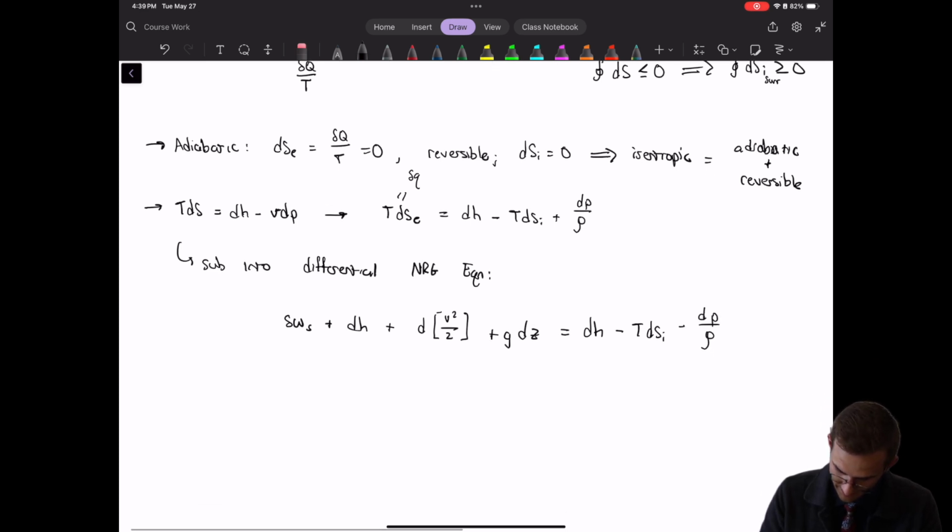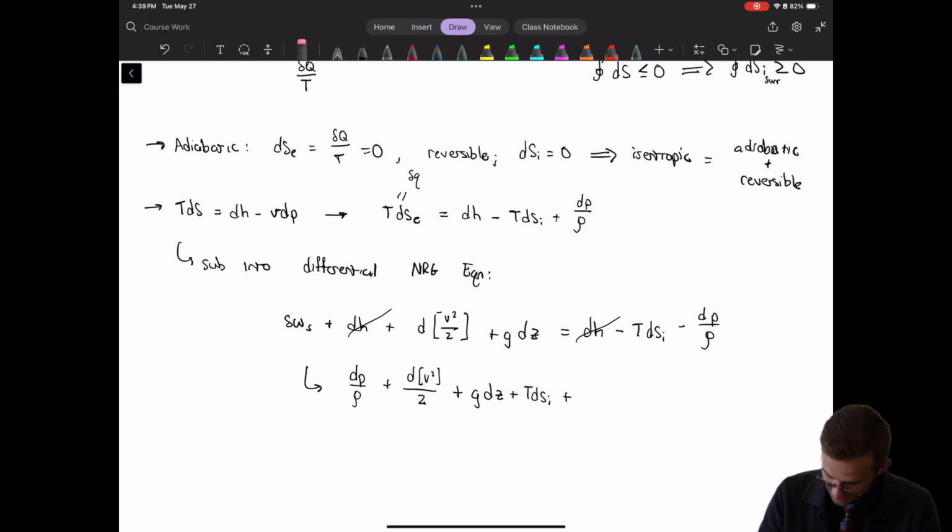Okay, and then the enthalpies cancel, and what you end up with is dP over rho plus d v squared over 2 plus g dz plus T dSi plus delta Ws is equal to 0.